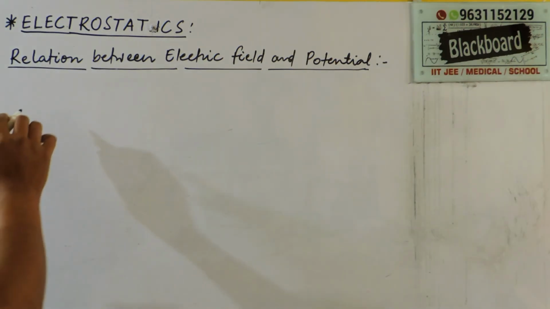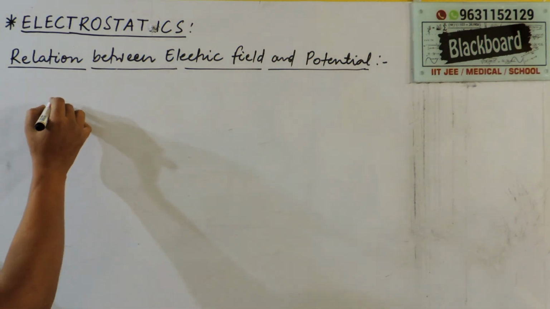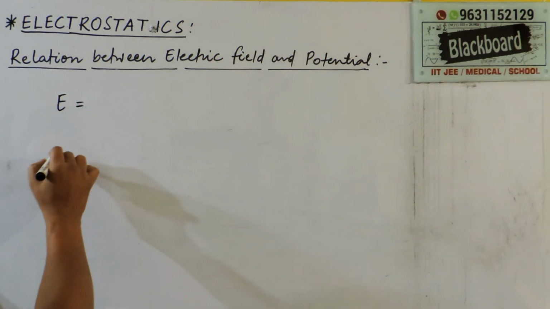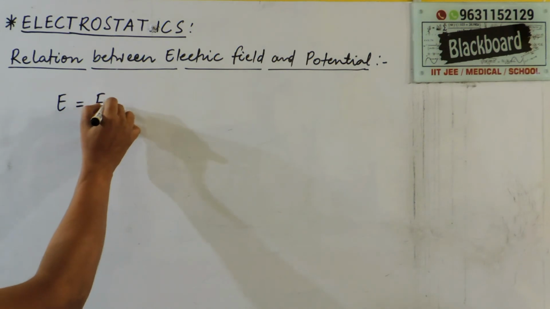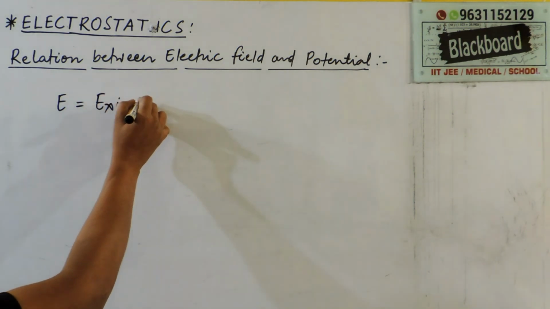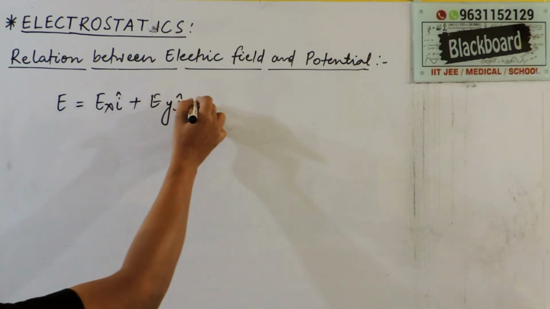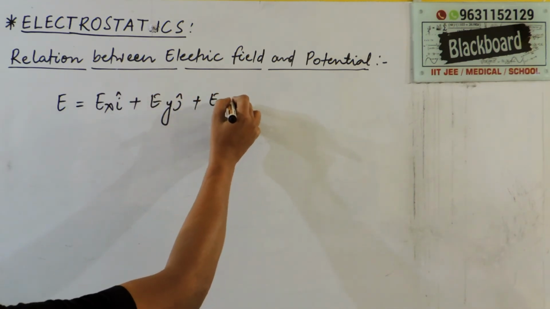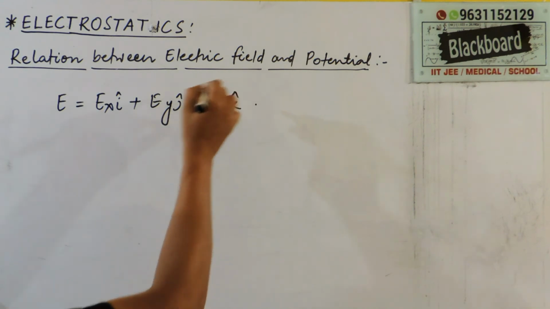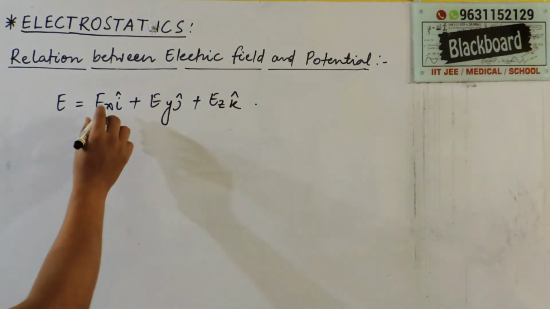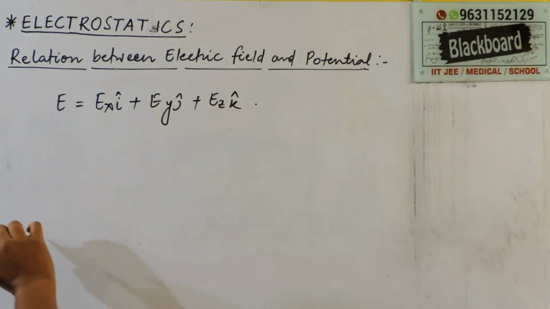Now if you work in the Cartesian coordinate system and E is, let, Ex i plus Ey j plus Ez k. This is i, j, and this one is k.